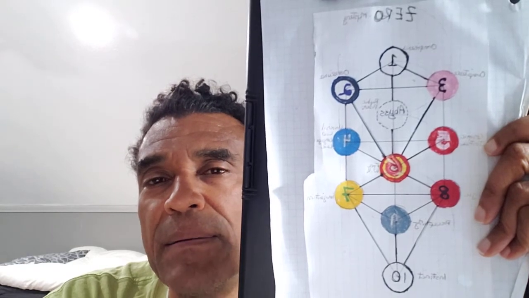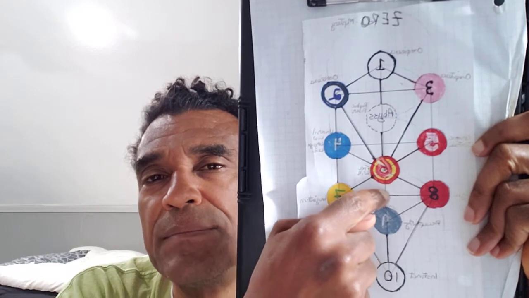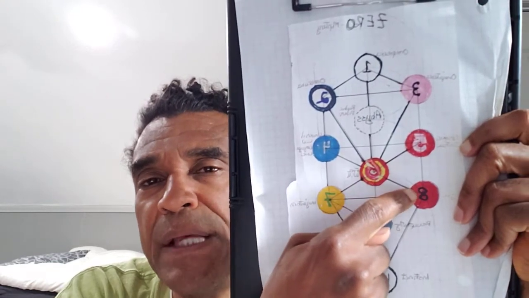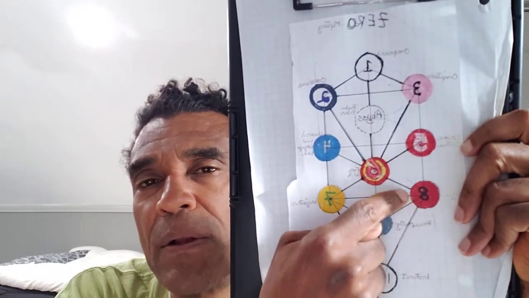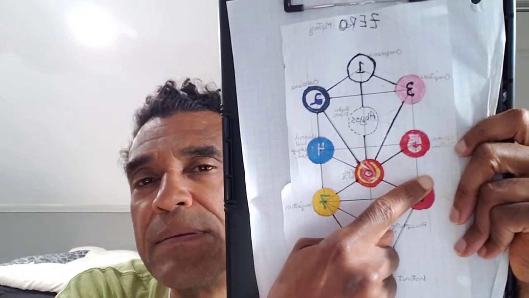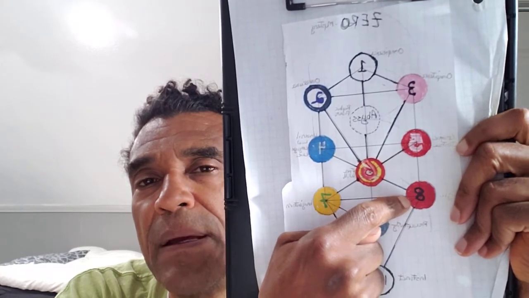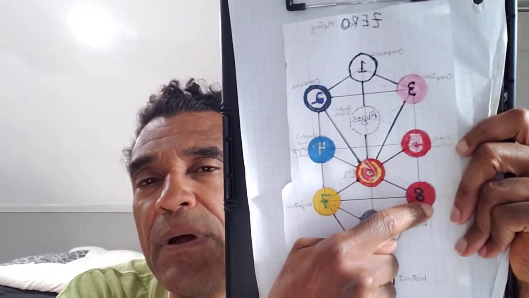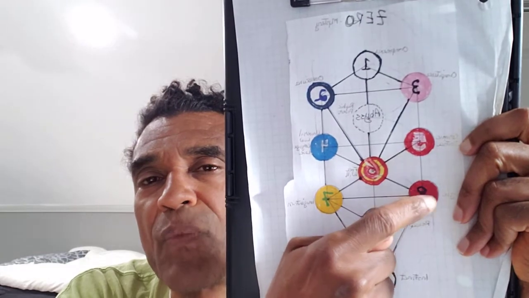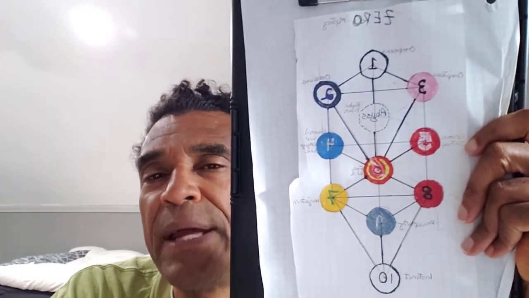And more generally, the 8th sphere corresponds to our left brain thinking capacity on the lowest level, meaning on the concrete level. This takes things and breaks them apart into categories.